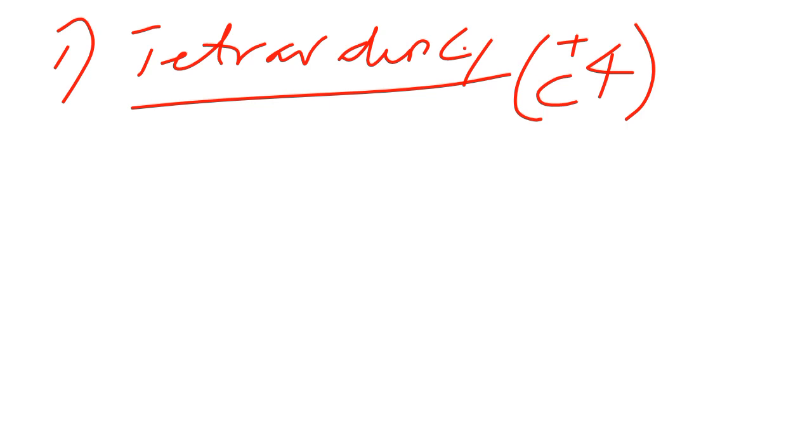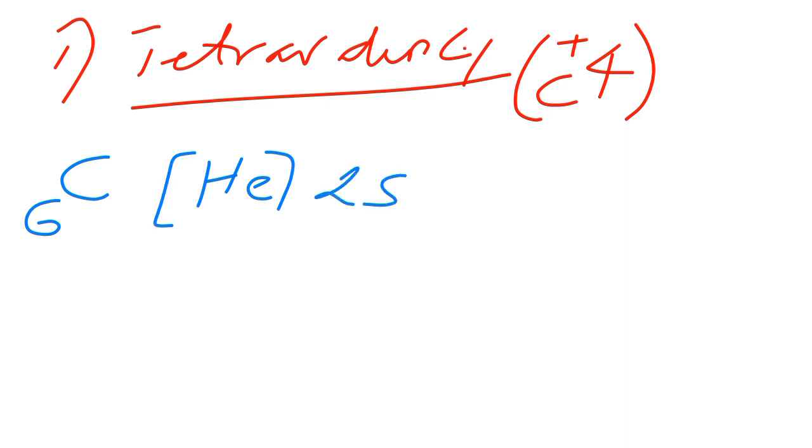We can write the electronic configuration of carbon. A carbon atom has an atomic number of 6, so its electronic configuration is helium core, 2s orbital with 2 electrons, and 2p with 2 electrons, which shows there are 6 electrons.